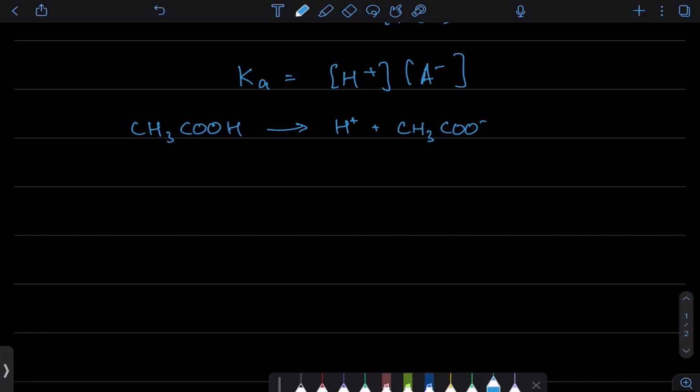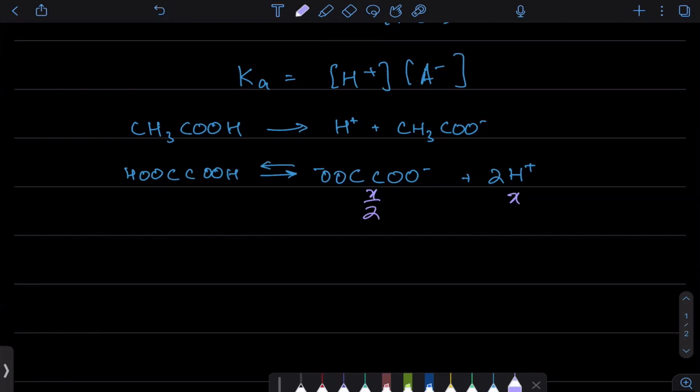But even if I don't have that, even if I have something like, let's say, ethane dioic acid, for example, something that breaks down in a reversible reaction and gives you COO minus and COO minus on both sides with two hydrogen ions. Even then, it's perfectly fine because I can just assume this to be X and this to be X over 2.